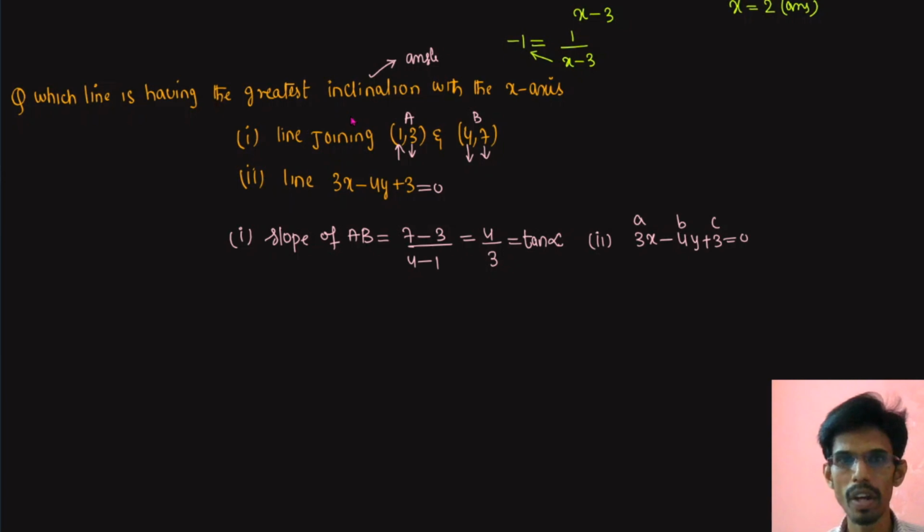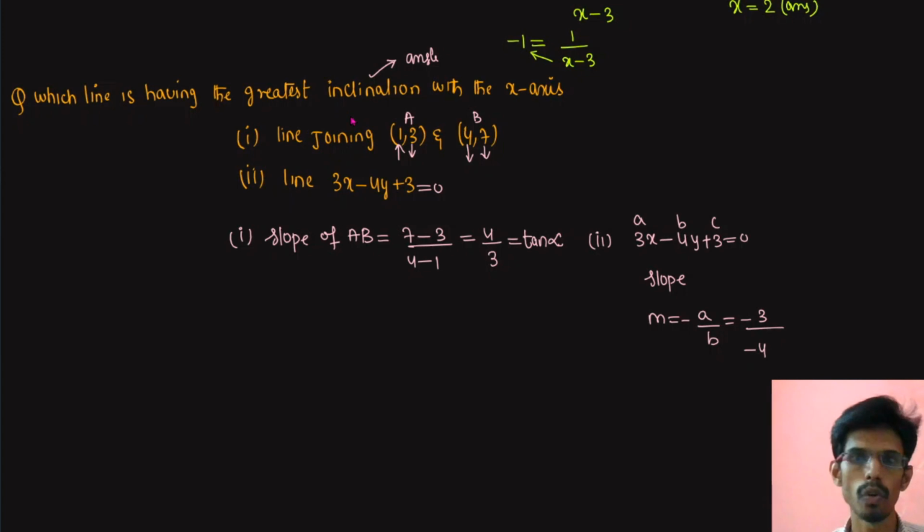Whenever we have the standard equation, the slope m is equal to minus a by b. Coefficient of x is 3, coefficient of y is minus 4, so we have 3 by 4. Let us take this inclination as tan beta as 3 by 4.